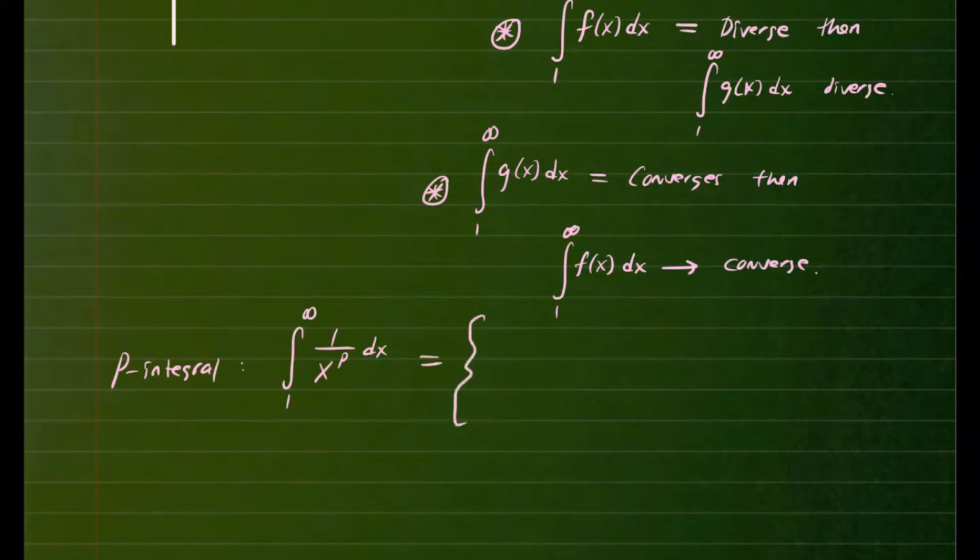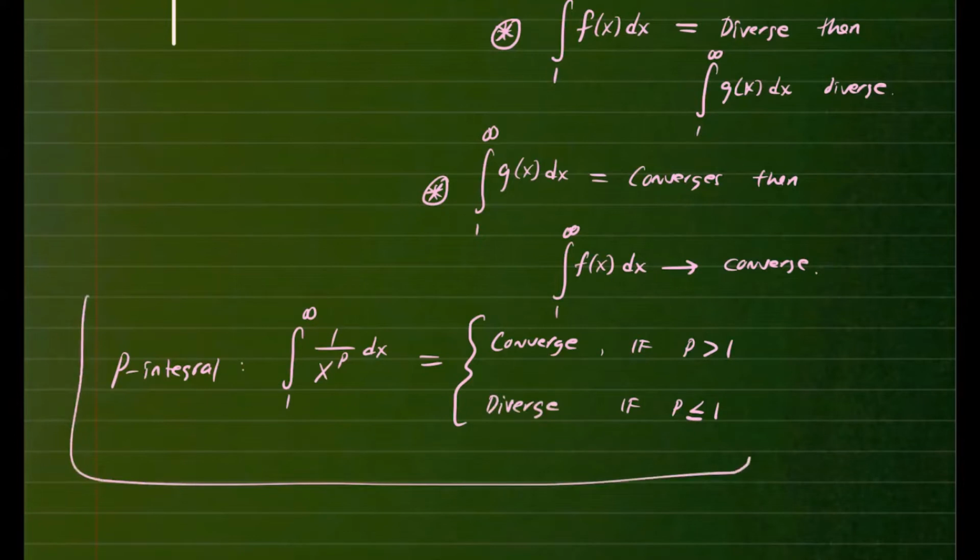It's going to converge to a finite value if p is greater than 1. So if you're integrating from 1 to infinity of 1 over x squared, where p is 2, that's going to converge to some value. But if p is less than or equal to 1, then it's going to diverge.